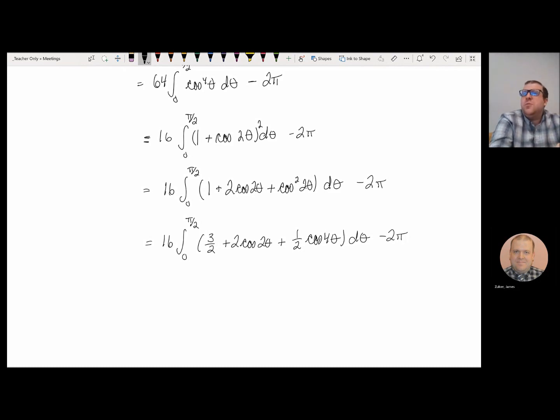A very useful property of integration that is often forgotten. If you integrate a periodic function over a multiple of its period, it's 0.